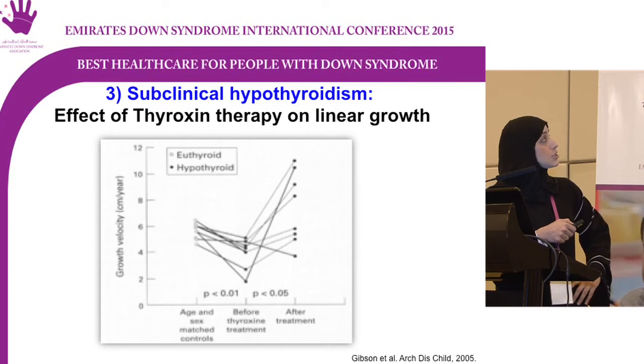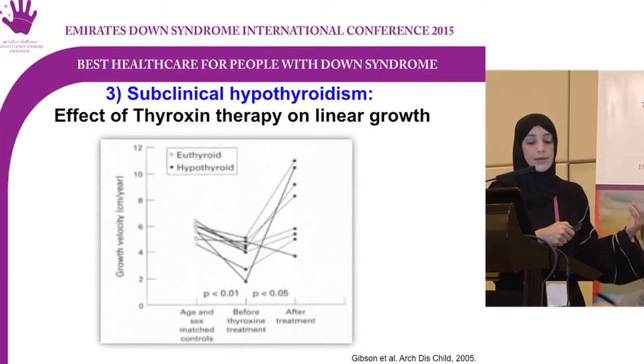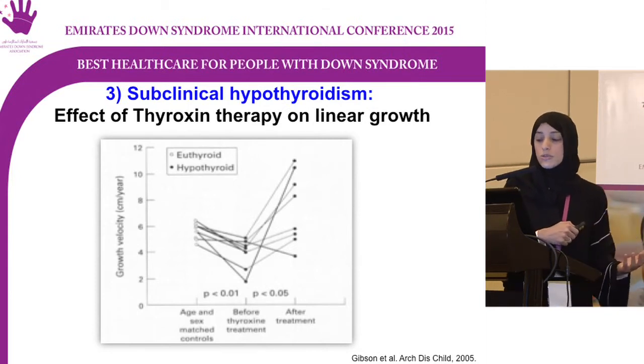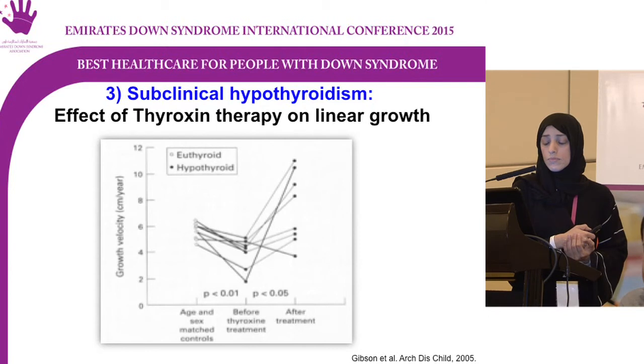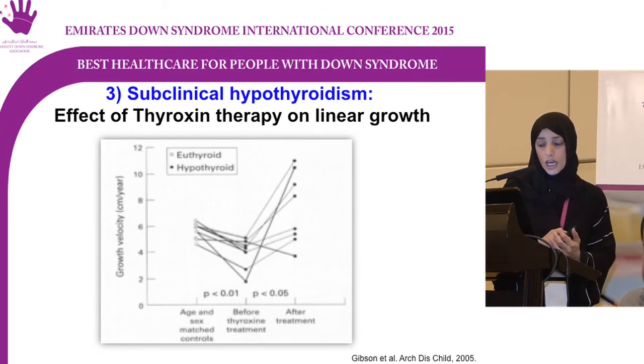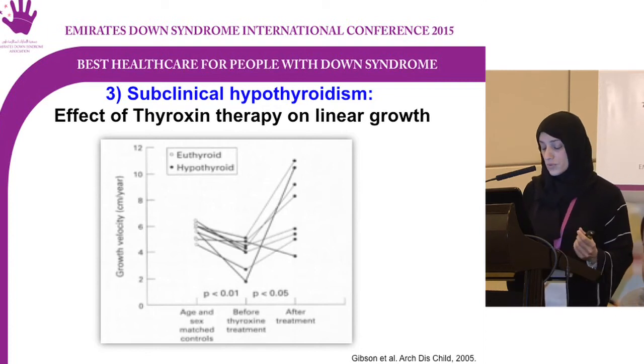You could see that kids with hypothyroidism tend to grow at a lower rate. As soon as they were put on treatment, they had a nice catch-up in their growth. And this is the rationale for introducing thyroxine early to promote the child's growth, and this is specific for kids with Down syndrome.